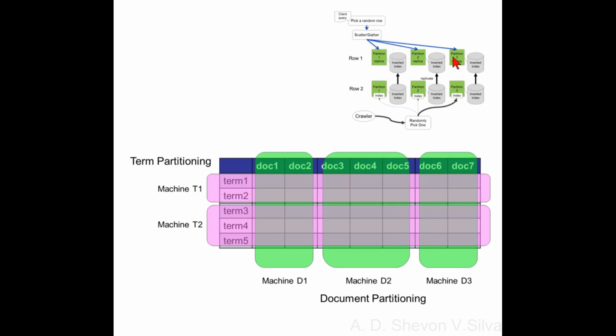Each machine will perform the search on its local index and return the top M elements to the query processor, which will consolidate the result before sending it back to the client.